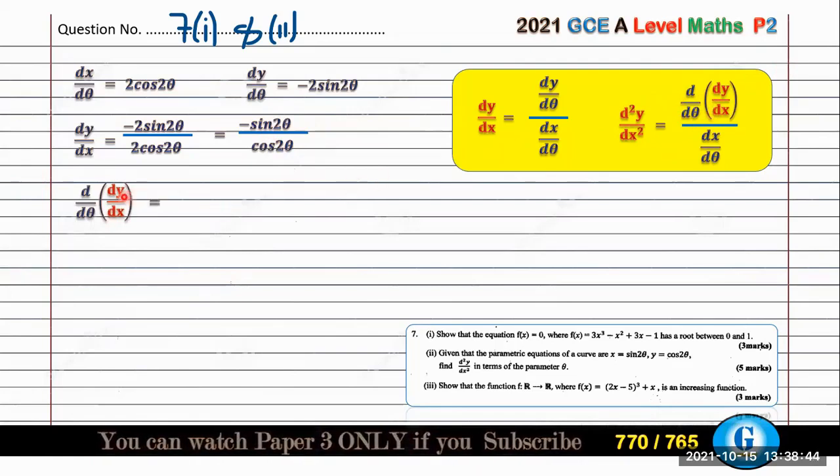This gives us the bottom constant, that is cos 2 theta. We differentiate the top, we have minus 2 cos 2 theta. Now minus the top constant, that is minus sine 2 theta, and then we differentiate the bottom.